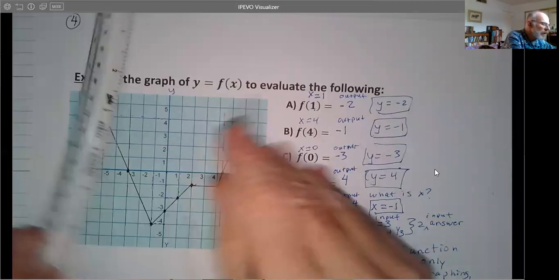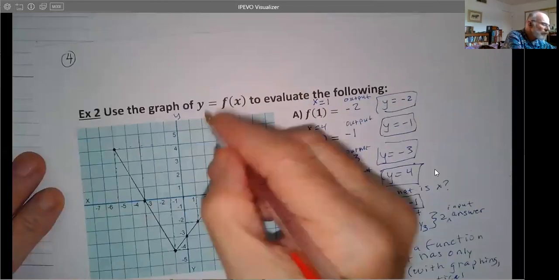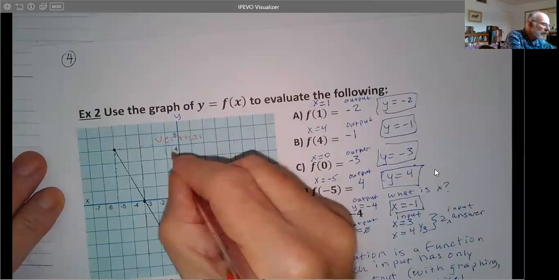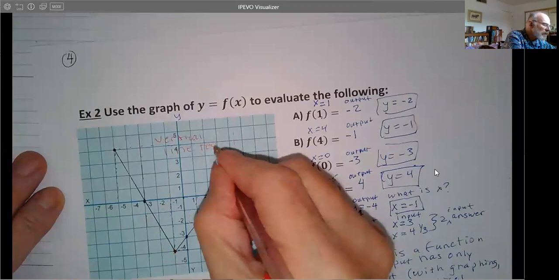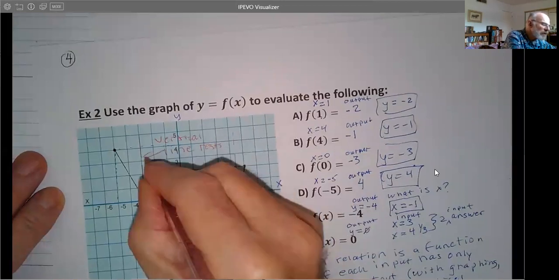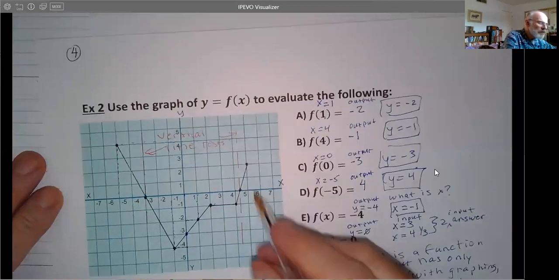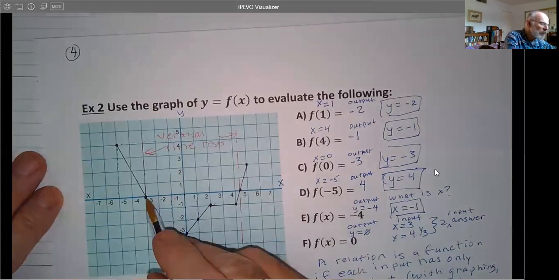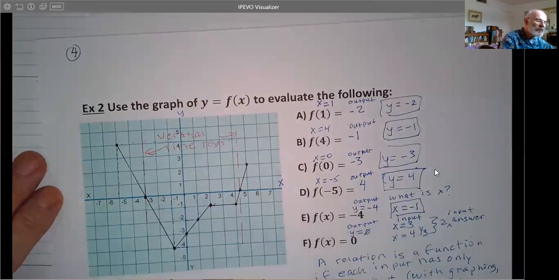So these are vertical line tests. So here there is only one output, 0, for the input 4 1/3. There's only one output, 0, for the input x is -3. So that is a function.